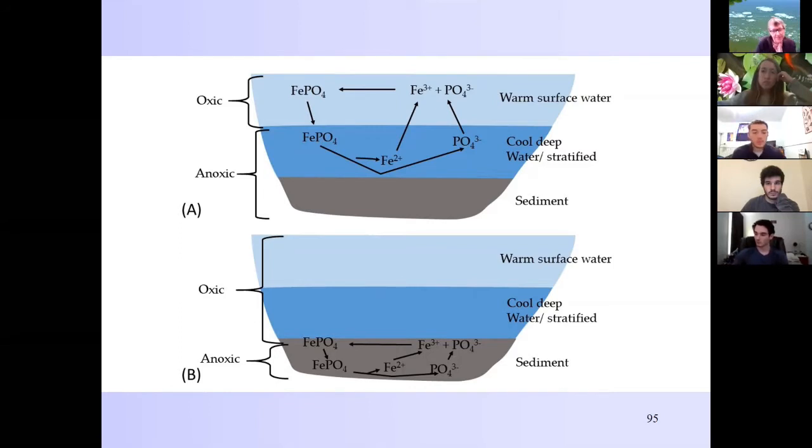And in this case, the oligotrophic lake, it's oxic all the way down to the bottom. So the very surface of the sediment is oxic as well. All right, and you remember that iron and phosphate in oxic conditions will precipitate to make ferric phosphate, iron phosphate.